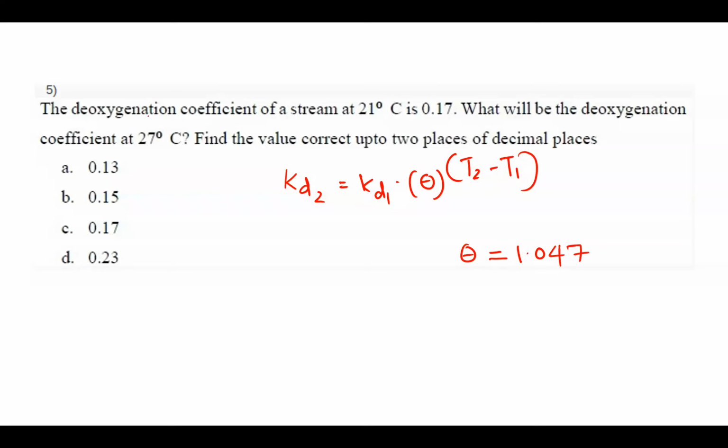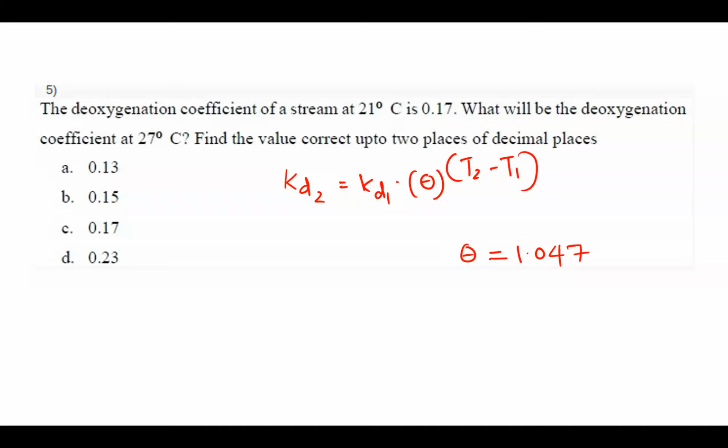Theta is 1.047. Here the deoxygenation coefficient of a stream at 21 degrees Celsius is 0.17. What will be the deoxygenation coefficient at temperature 27? Find the value correct up to 2 decimal points.